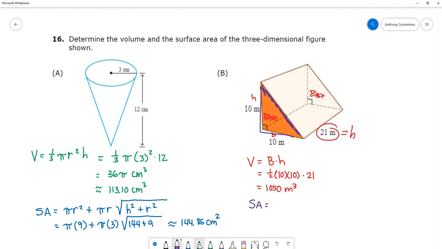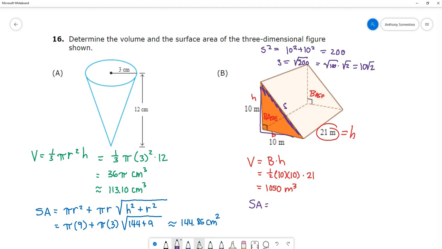So if I use the Pythagorean theorem and call this side s, s squared should equal 10 squared plus 10 squared, which of course is 200, which means s would equal the square root of 200, which if you simplify your radicals, that's the square root of 100 times the square root of 2, which is 10 square root 2.